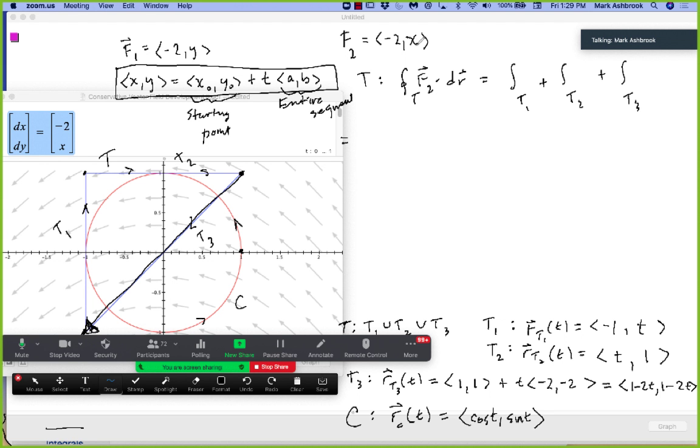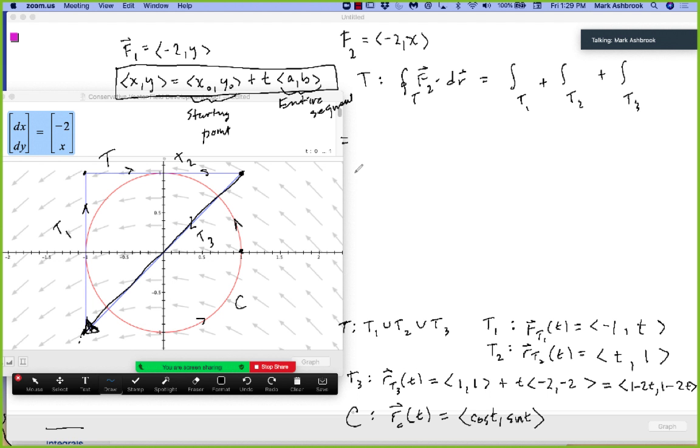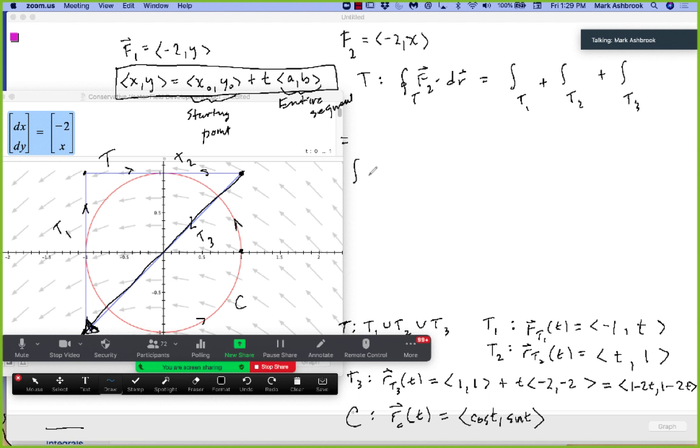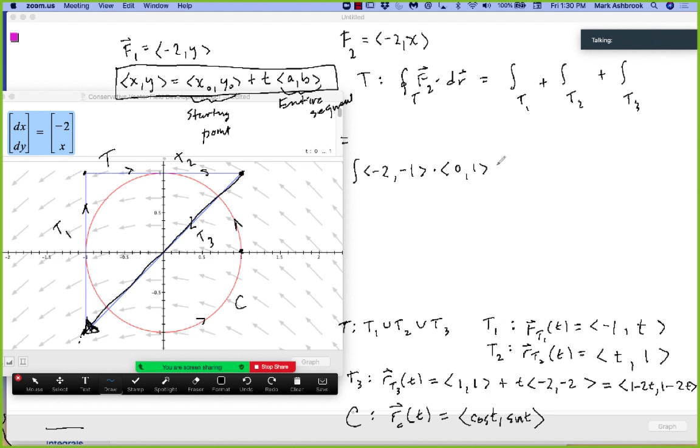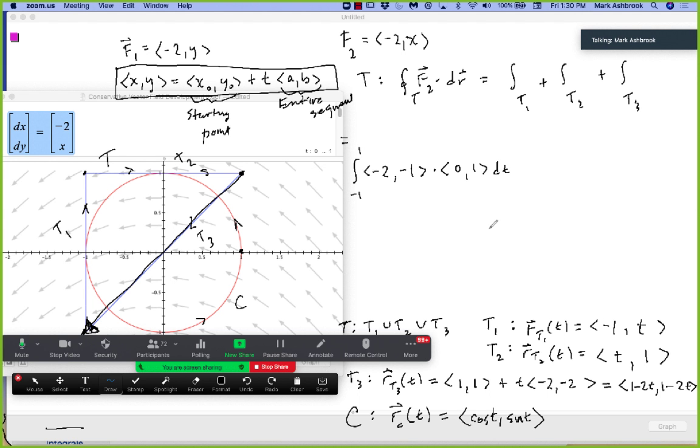All right, so here we go. F2 is negative 2, x. So for T1, what is it? Negative 2, negative 1. Right. Dot dr? 0, 1. And that from what to what? Negative 1 to 1. Yeah, that's our y. Y value is t.